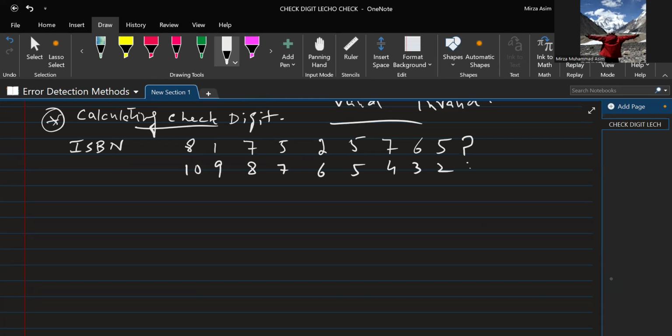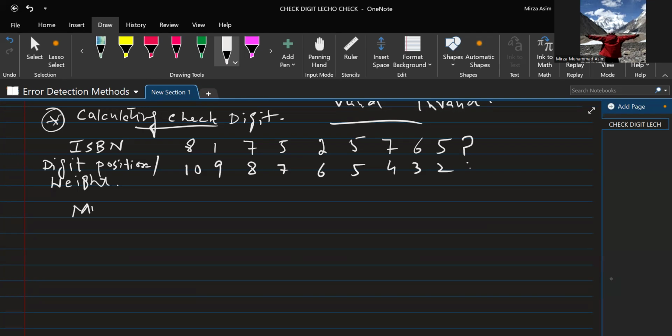So this is the digit position, or we can say the weight of every digit.